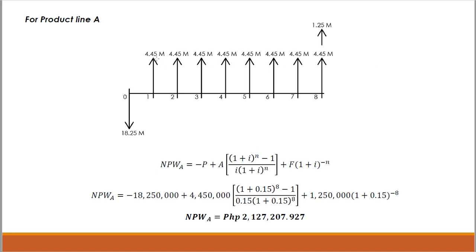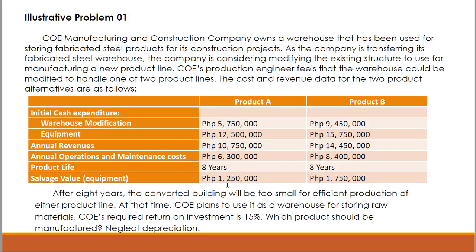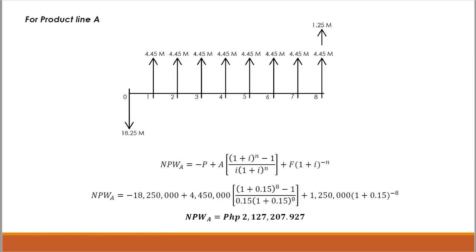So that is revenue minus cost. Okay? And then we also have a salvage at the end of 8 years. Meron tayong salvage value na 1.25 million. Okay? So using present worth, net present worth method.